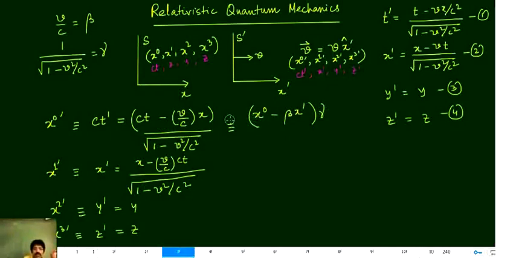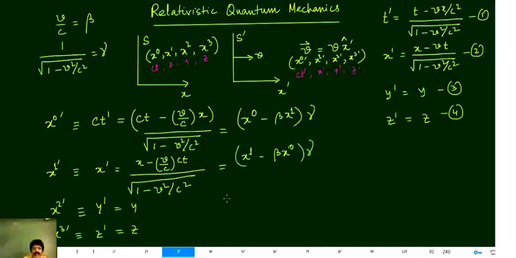And x1 prime should be x1 minus beta x0, times gamma, and x2 prime is x2 and x3 prime is x3.